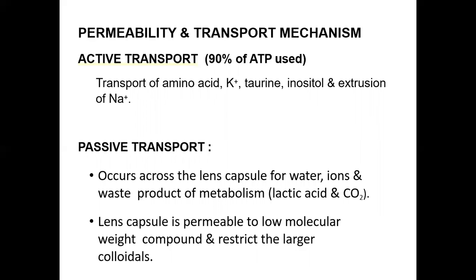In passive transport, across the lens capsule, water, ions, and waste products of metabolism like lactic acid, carbon dioxide, etc. are transported. So the passive transport products are basically lactic acid, the waste products of metabolic activity. The capsule is permeable to low molecular weight compounds and restricts large colloids.